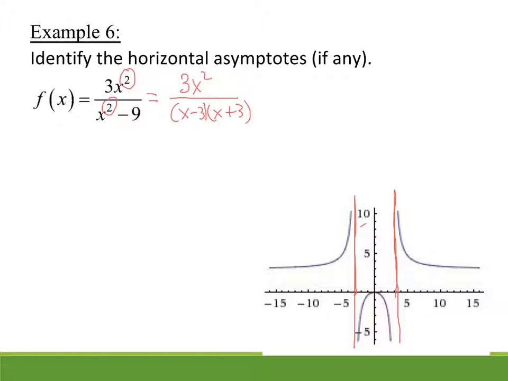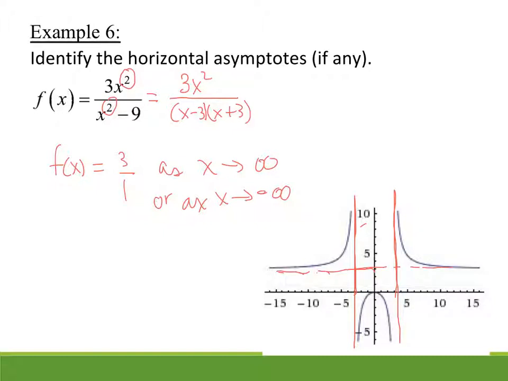So that means that as x gets larger and larger in the positive direction, or smaller and smaller in the negative direction, we end up with 3 over 1 as x approaches infinity or as x approaches negative infinity. So now our horizontal asymptote is at 3.